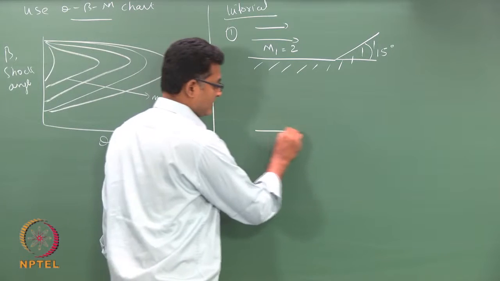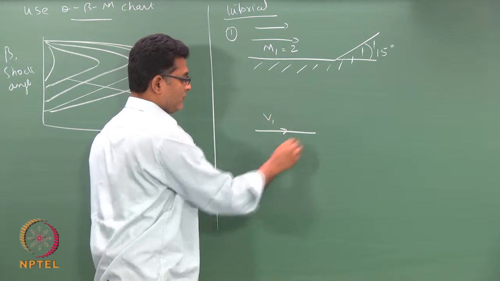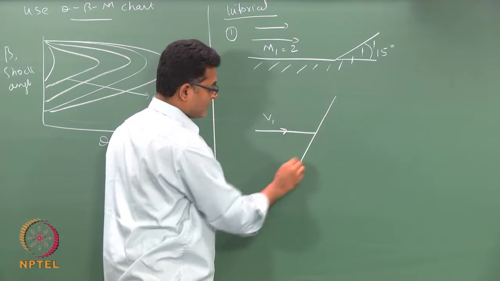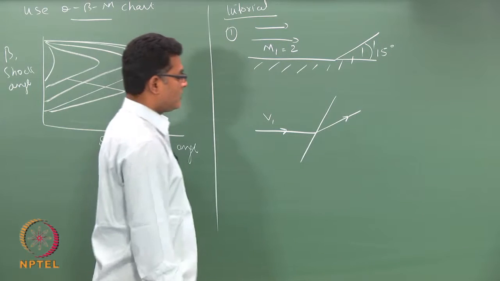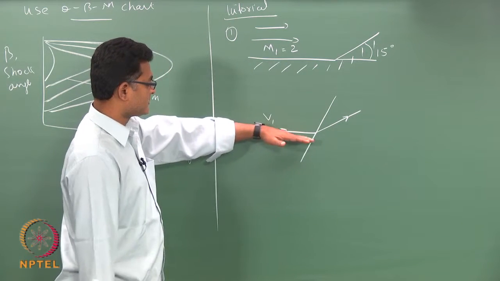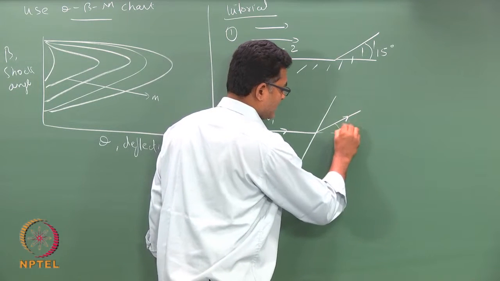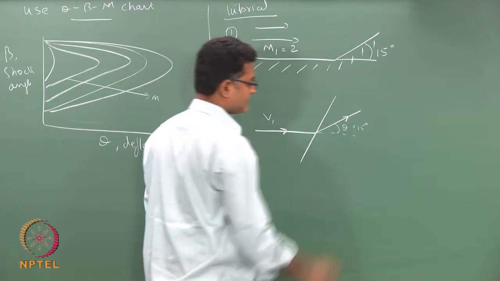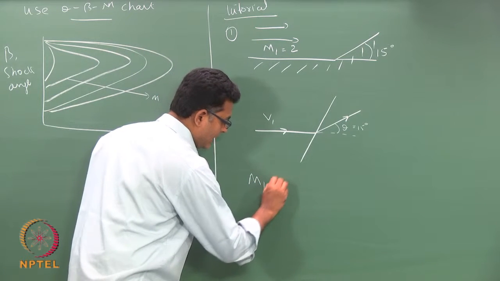The oncoming flow then faces an oblique shock, and the velocity streamlines are deflected by theta degrees, which is 15 degrees.